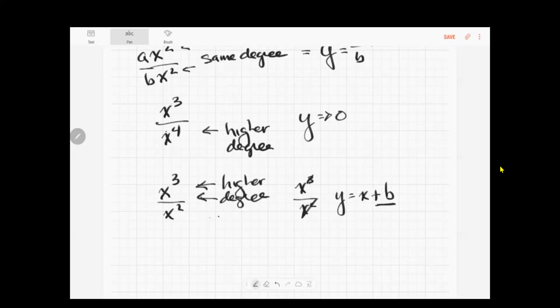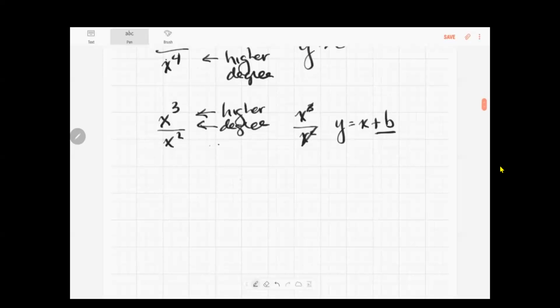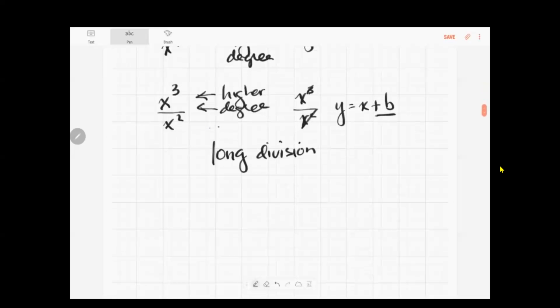In that case, we have to do long division. There is a shortcut, but let's not use the shortcut this time.